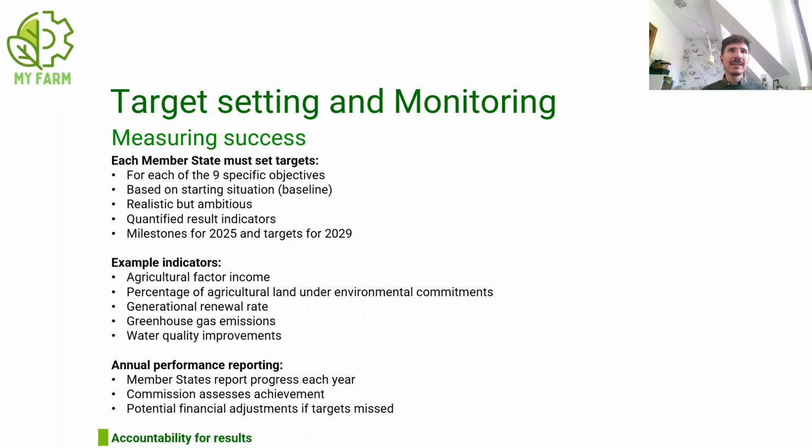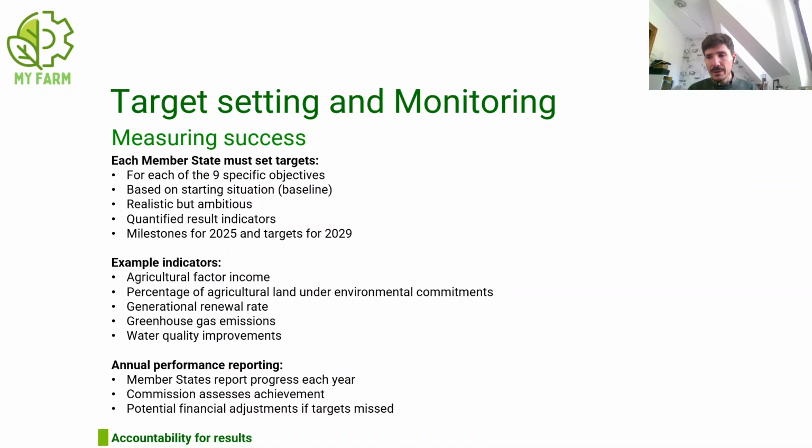The target setting and monitoring is one of the most demanding tasks for member states. I participated in building this framework for Italy. Each member state must set targets for each of the 9 specific objectives based on a starting situation.